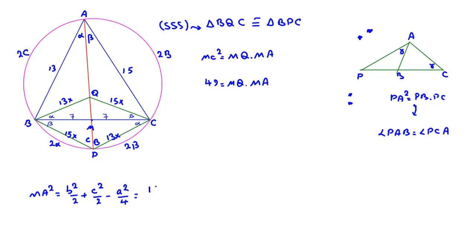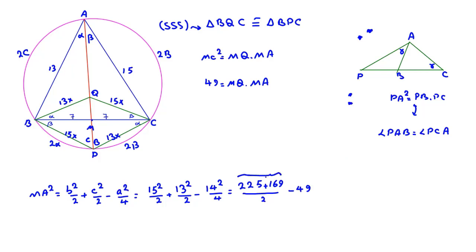B squared is what? It's 15 squared over 2, plus C squared, 13 squared over 2, minus A squared over 4, which will be 14 squared over 4. 15 squared is 225, 13 squared is 169, over 2. 14 over 2 is 7, so it will be minus 49.